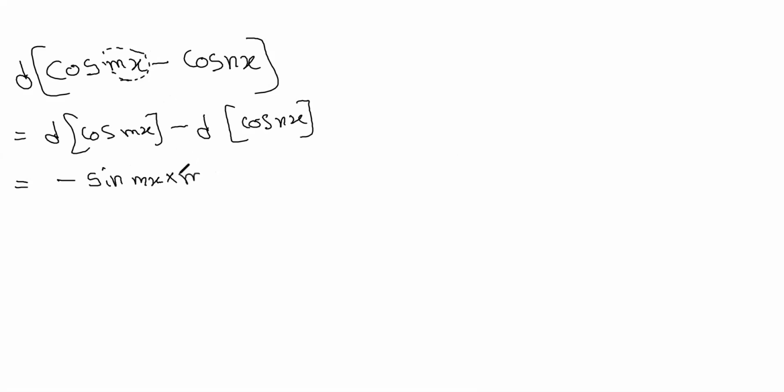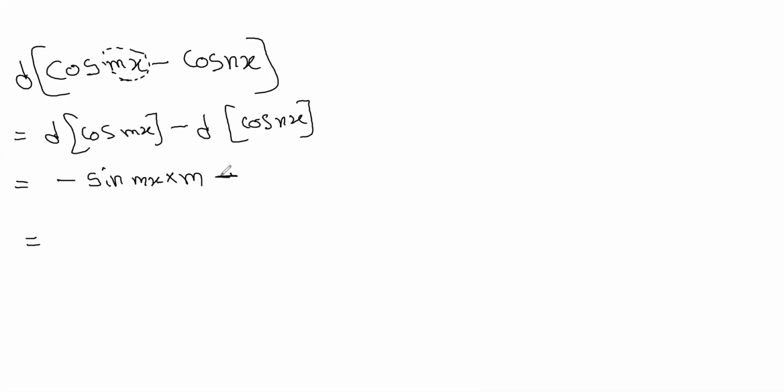Then the total answer is minus sine mx into m minus sine nx into n. So what will be in the end? Minus sine m square x minus sine n square x.